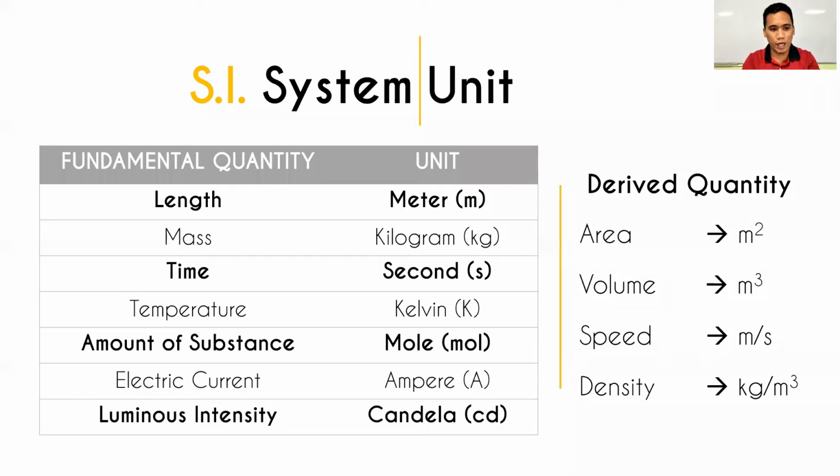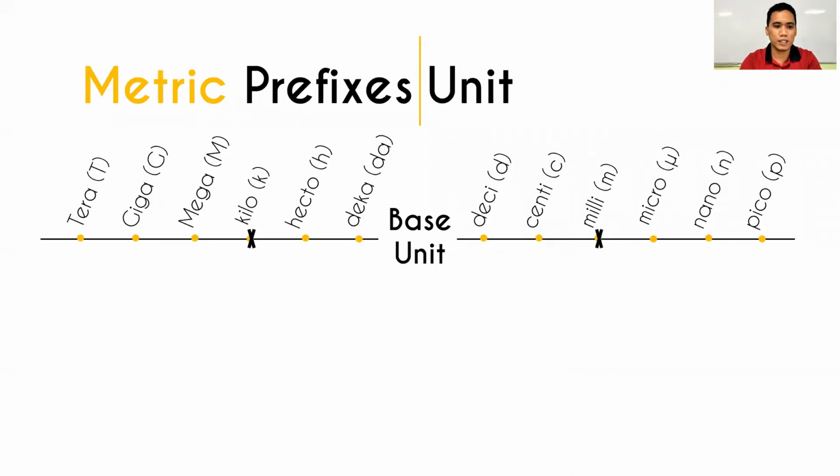So once again, fundamental quantity is the basic unit or the basic quantity, and derived quantity is the combination of two or more fundamental quantities. So that is the SI or the standard system unit of the metric system.